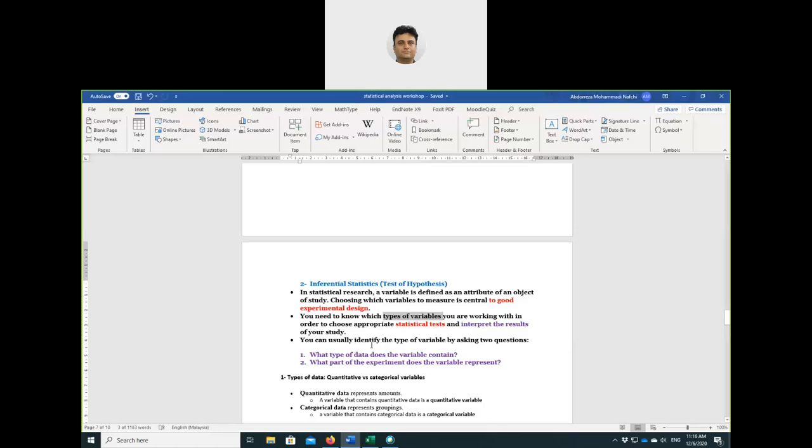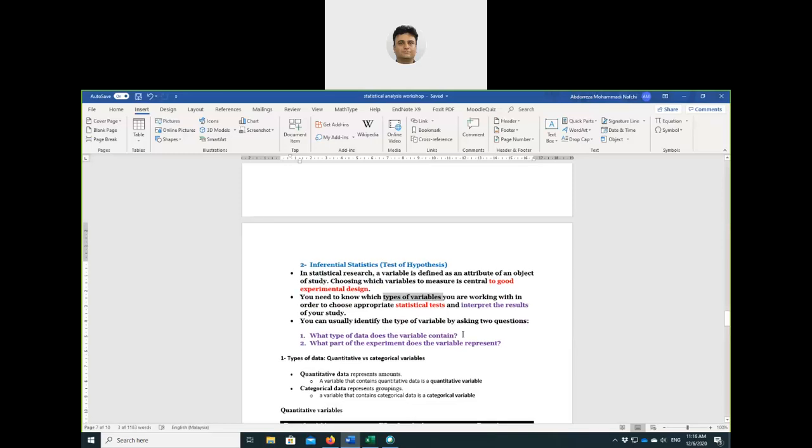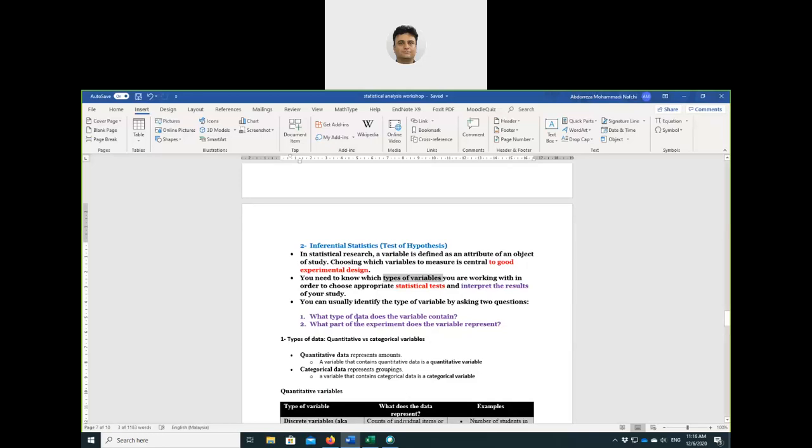You can usually identify them by two questions. When you want to find the type of your variable: what type of data does the variable contain? What part of the experiment does the variable report? What part means dependent variable or independent variable: you change this variable to measure that variable.